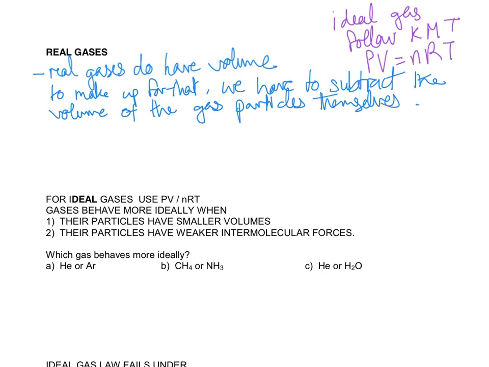The other main assumption that KMT makes is that ideal gases have no intermolecular forces. They do not exert any forces on each other. There's no attraction. You can usually make that assumption because gas particles are very spread apart, and so because they're so far away from each other, their intermolecular forces are insignificant.